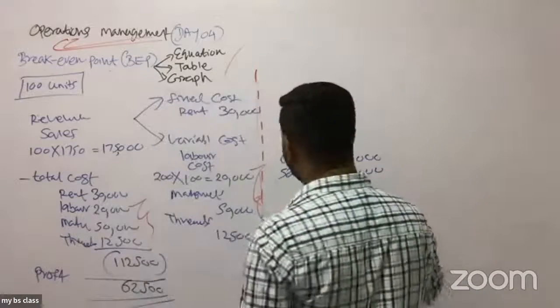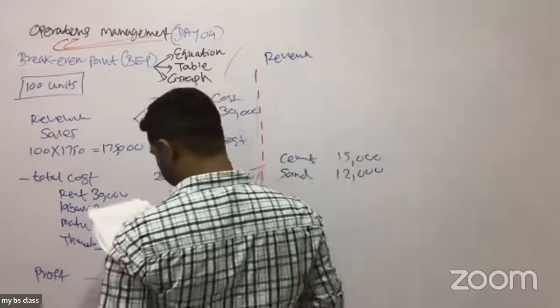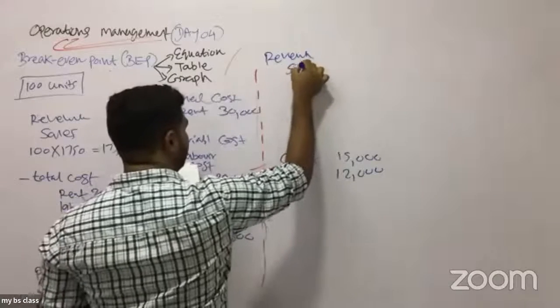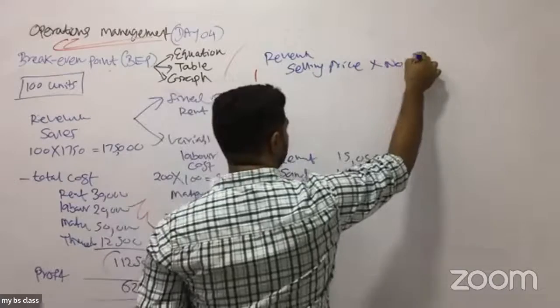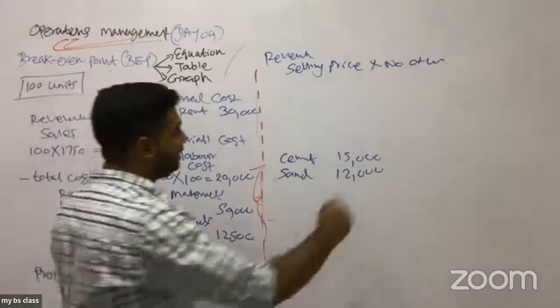So we can find the revenue. Revenue is where your selling price into number of units. We found the selling price earlier, 50 rupees.